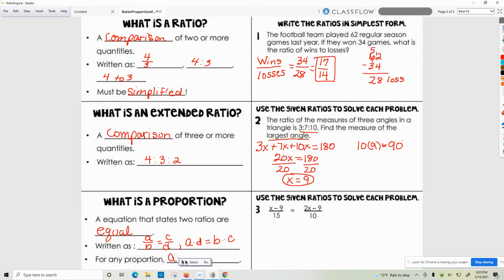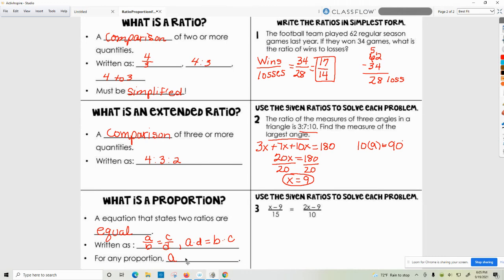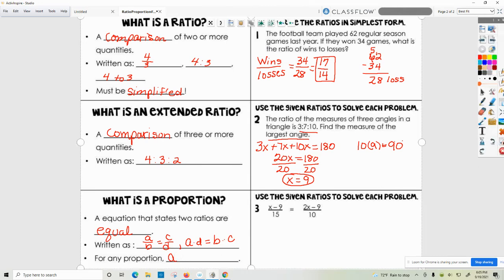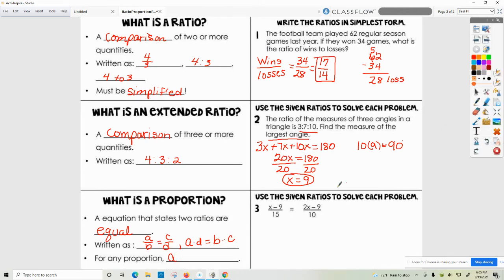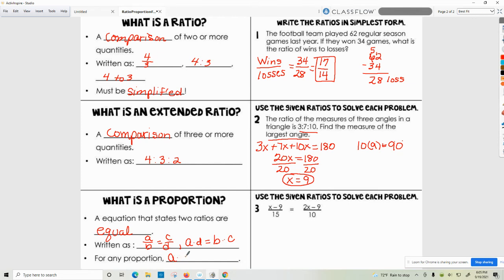A times my D is equal to that B times that C.